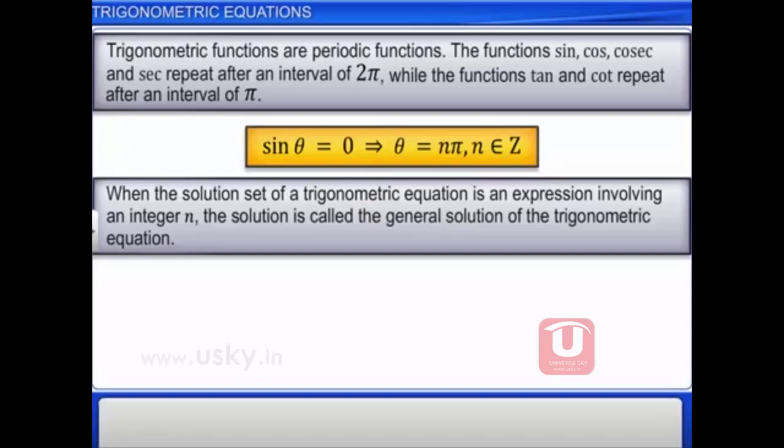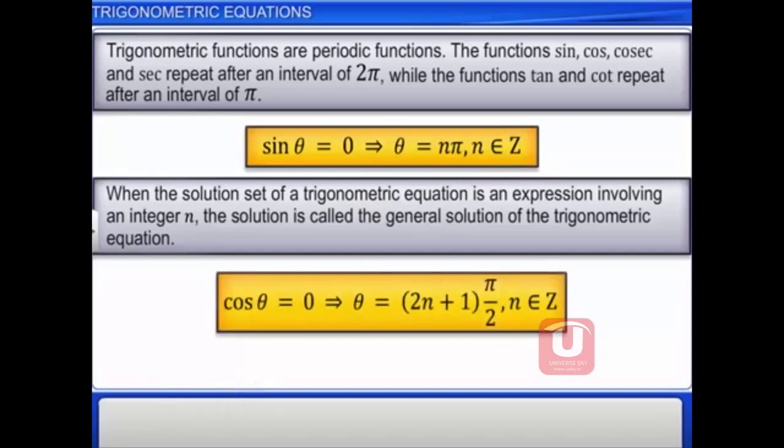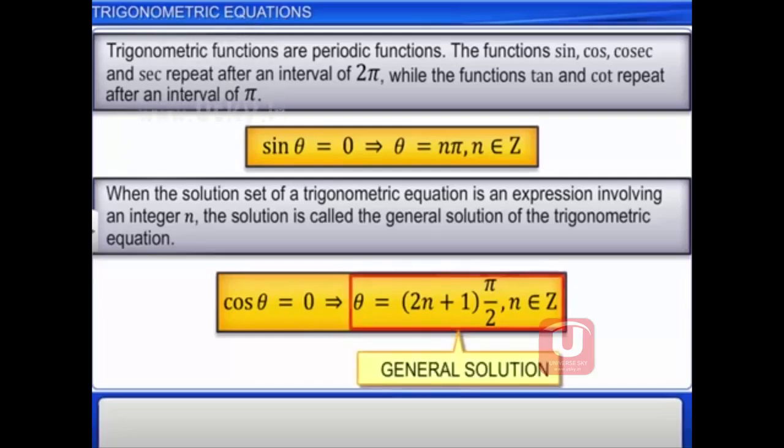Similarly, cos theta equal to 0 implies that theta is equal to 2n plus 1 pi by 2, which gives all the solutions of the trigonometric function cos theta is equal to 0. In this case, theta is equal to 2n plus 1 pi by 2 is the general solution of the trigonometric function cos theta is equal to 0.